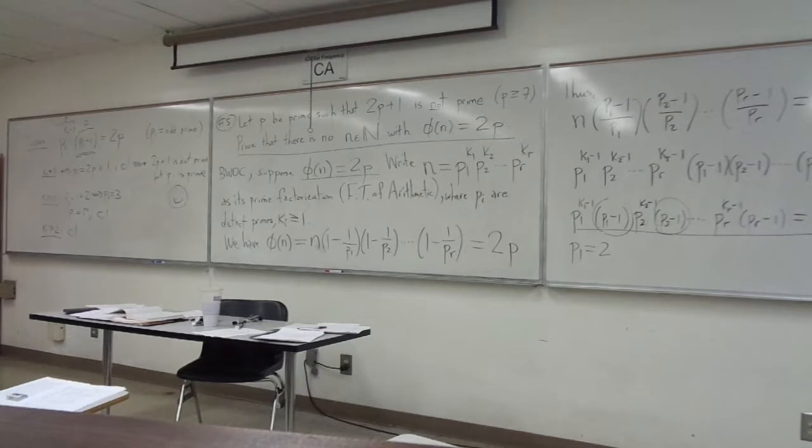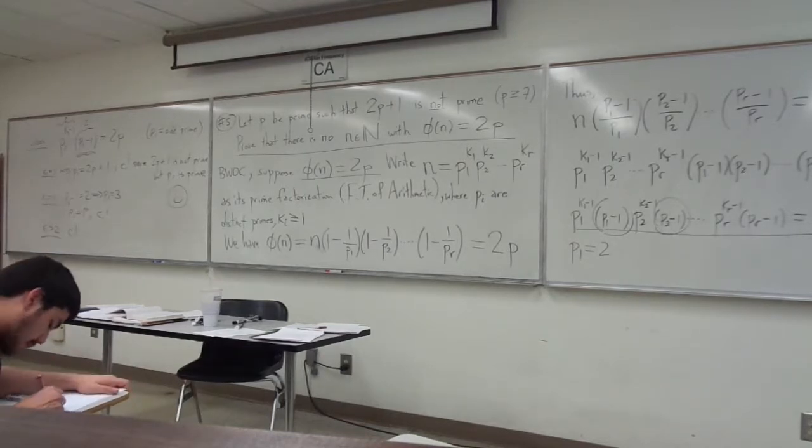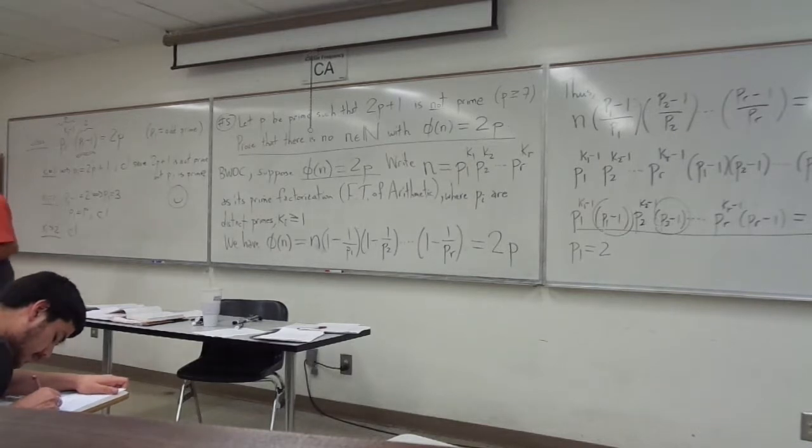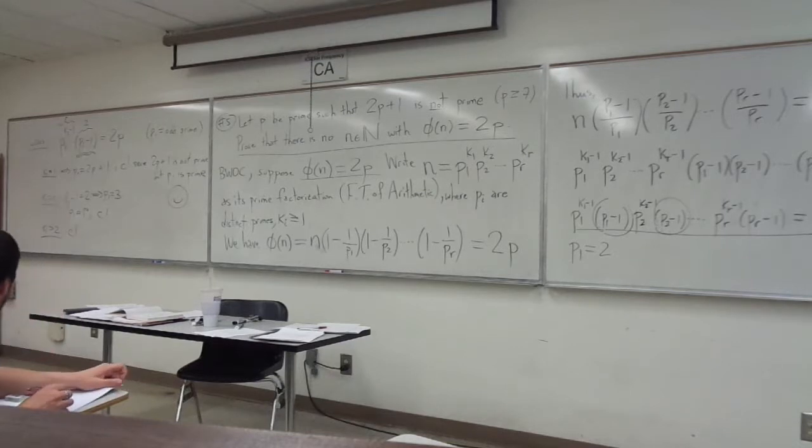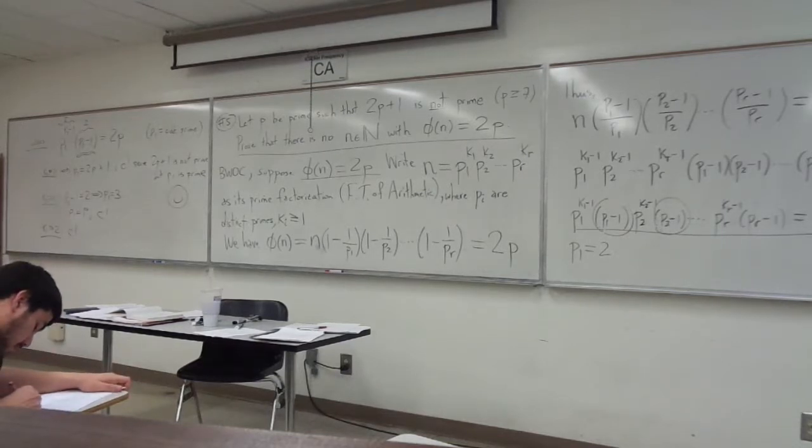Okay. So is this easier? Yeah. I think K2 is going to have to equal 1 pretty quickly, because if K2 is bigger than 1, you're going to have too many factors of 2 on the left, since you'll have at least 1 right here, and this would be additional factors of 2. So in order to only have one factor of 2, K2 has to equal 1, which means this part isn't there. Look at the number of factors of 2.